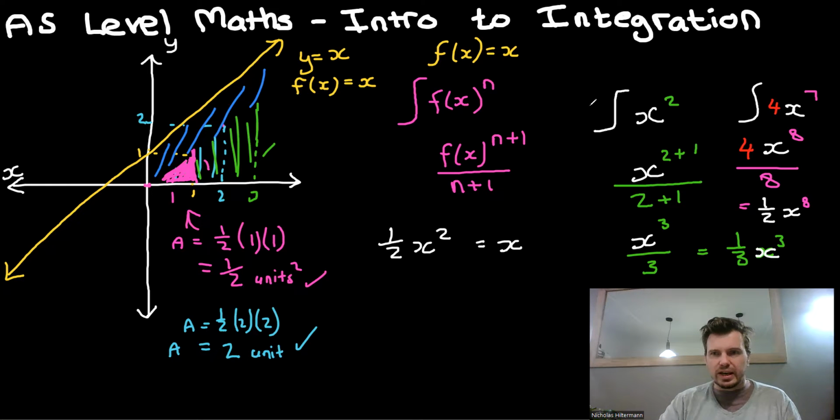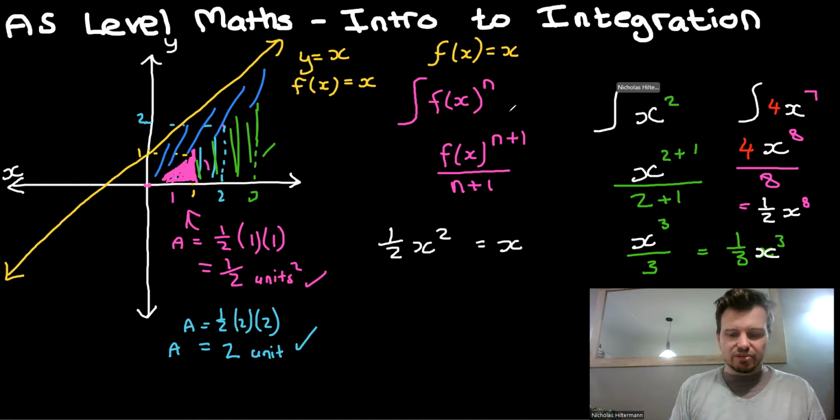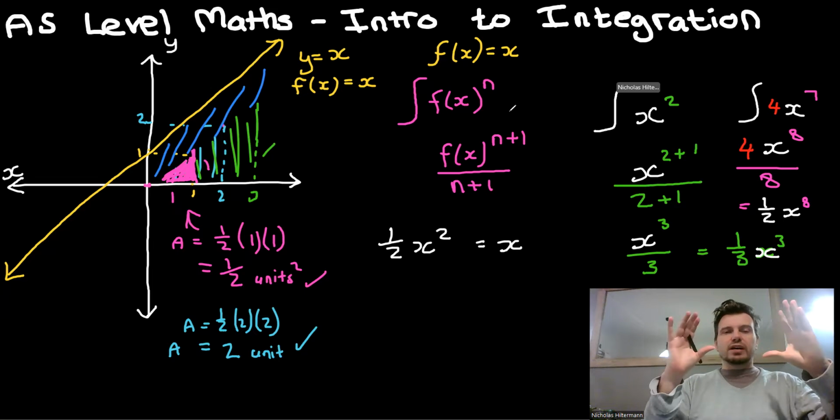So remember the function was f of x equals x. The integral was a half x squared. And if I get my derivative, in other words, I go back, I get back to my x. So it's confusing. You have a function.